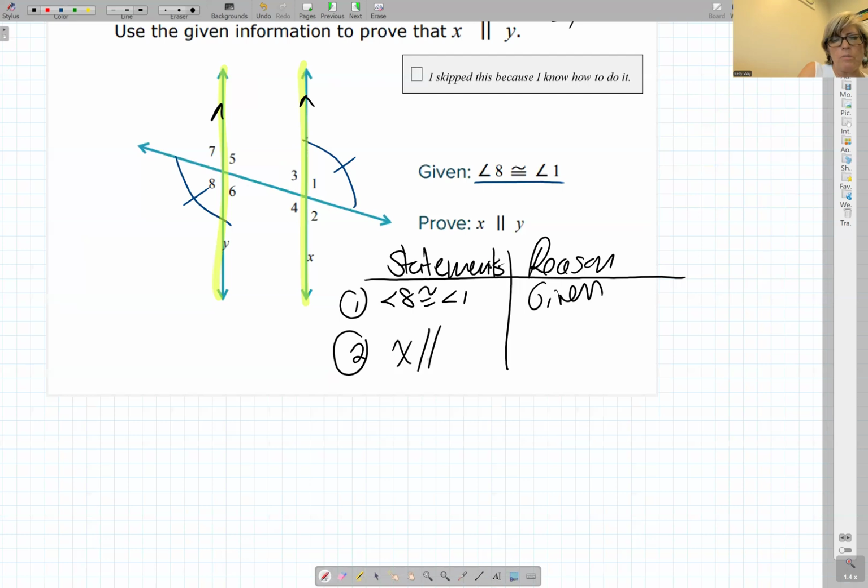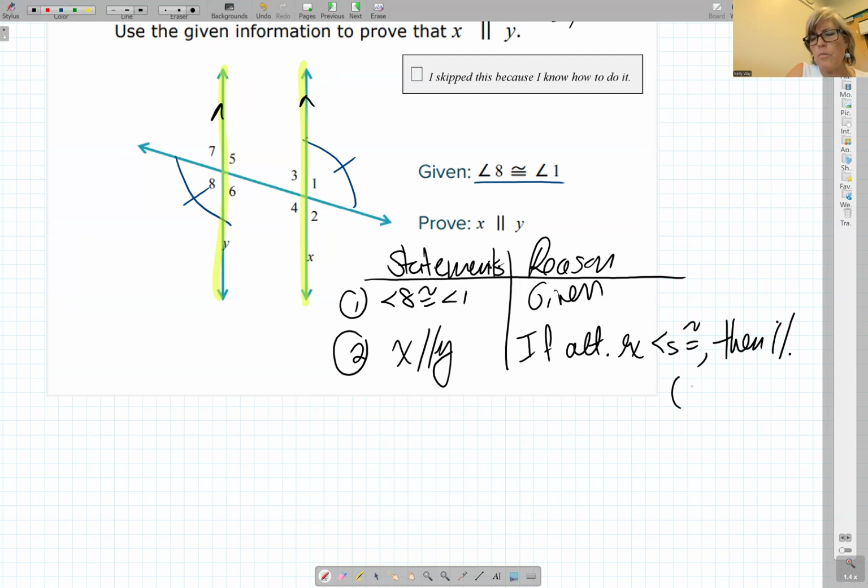So x is parallel to y. And the reason you're looking for is: if alternate exterior angles are congruent, then you have parallel lines. This is from lesson 2.8.